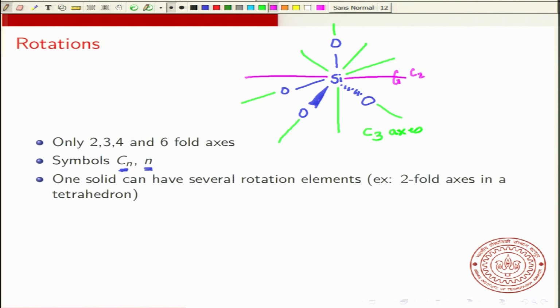The easiest way to understand it is to look at a tetrahedron in terms of a cube. A tetrahedron can be visualized in the following way, using a cube.